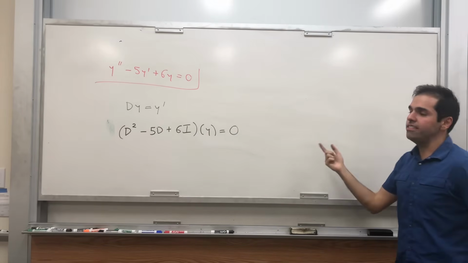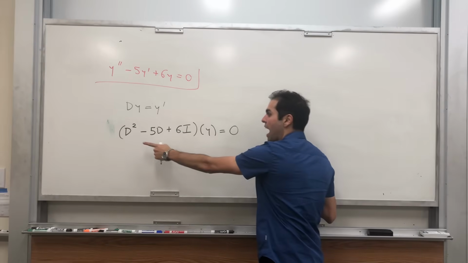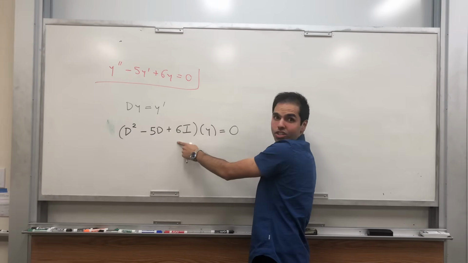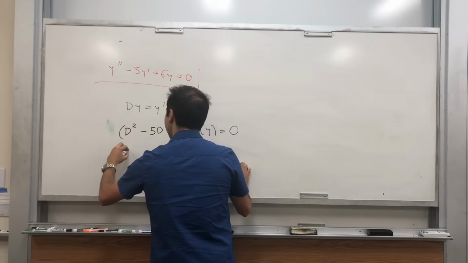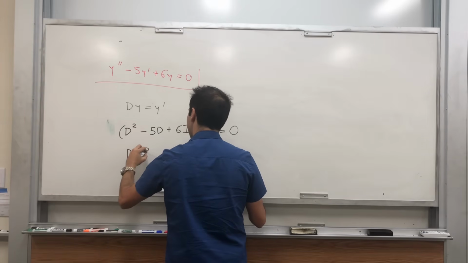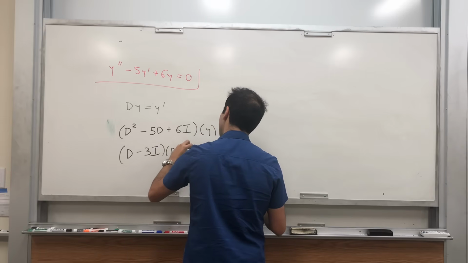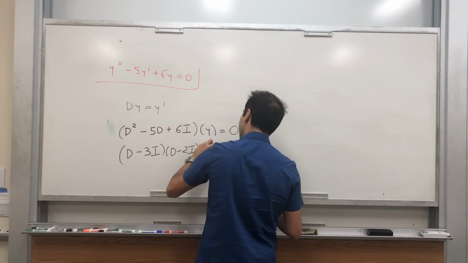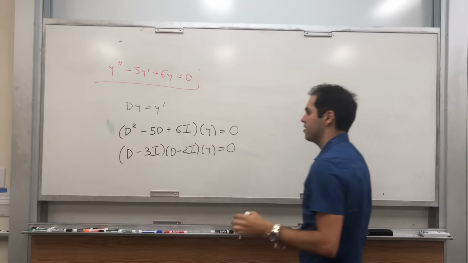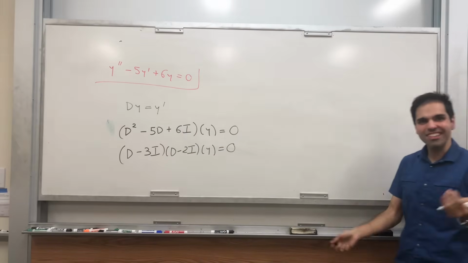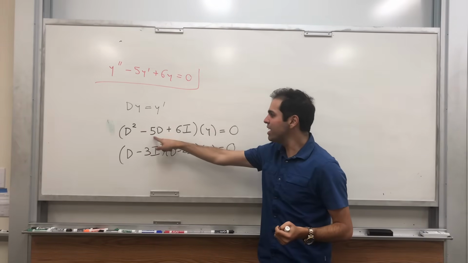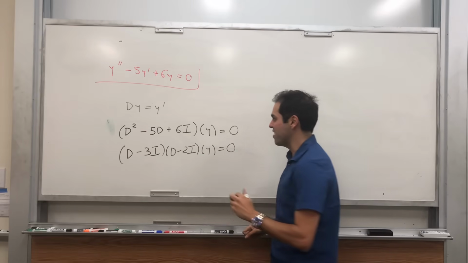And the amazing observation is you can actually factor this operator out. So we get (D minus 3I) times (D minus 2I) y equals 0. So the reason we have this auxiliary equation, it's really just to factor this operator out.